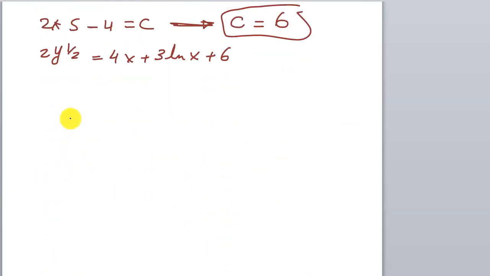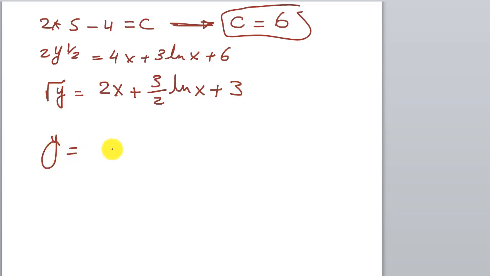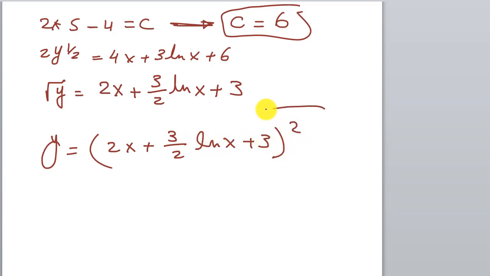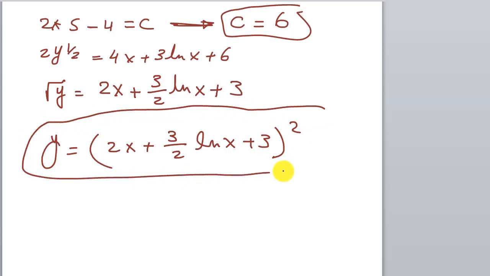So let us divide it all by 2: the square root of y equal to 2x plus 3 over 2 ln x plus 3. Now y is equal to (2x + 3/2 ln x + 3) squared. And this is the answer you need for this question.